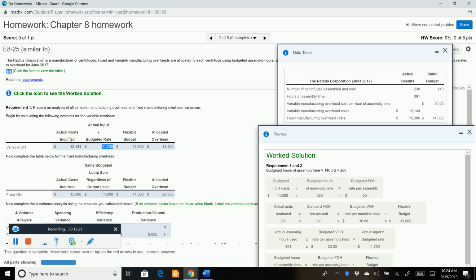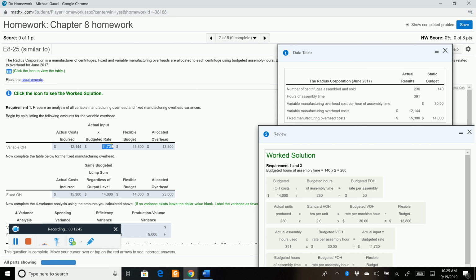Actual rate is used in column 1. The budget or the standard rate is used in column 2. That is why it's a rate or spending variance. In this case, using the actuals is a little bit higher than using the standards, so I'm going to call this an unfavorable variance. And then when we compare column 2 to 3, remember the rates are the same in column 2 and 3.